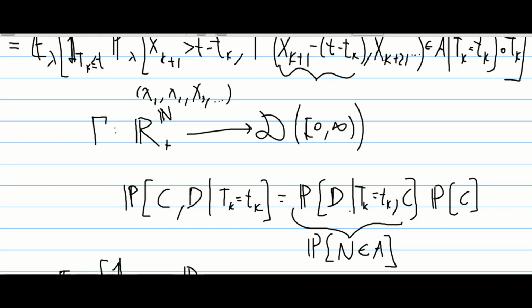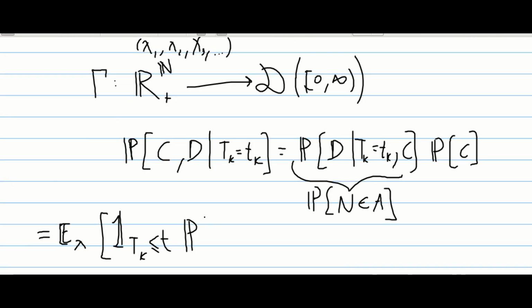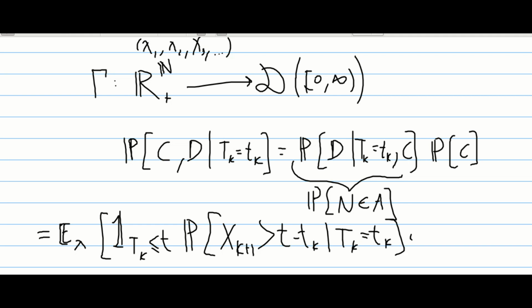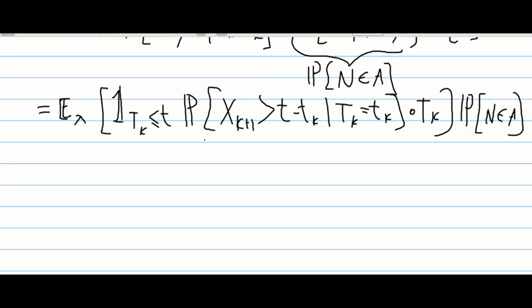So here all we have is the probability of C. So the probability that X_{k+1} is bigger than t minus tk, and here we have the Tk equals tk composed with theta. And now we get this probability out. This just goes out of the expectation because it's a number. And this is the same thing we did again.